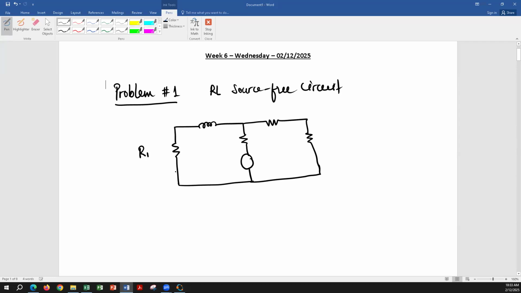Let's assume we have R1, 100 ohm, L, 2 Henry, R2, 220 ohm, R3, 330 ohms, and R4, 410 ohms. And let's assume this is a current source, 10 milliampere current source.